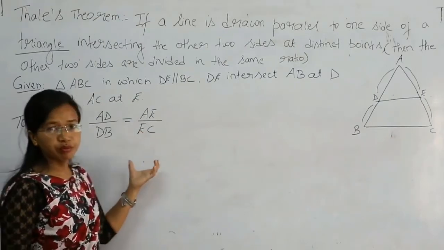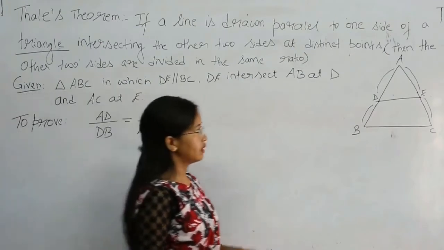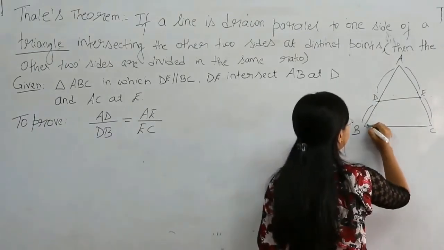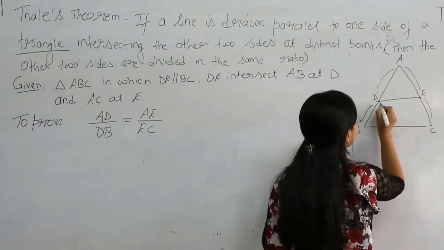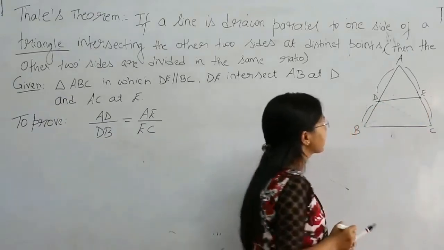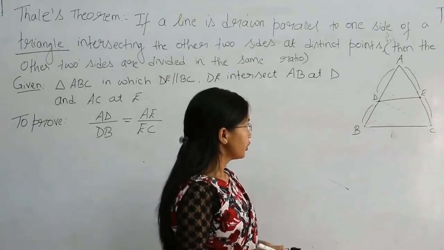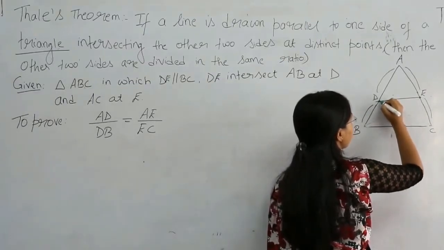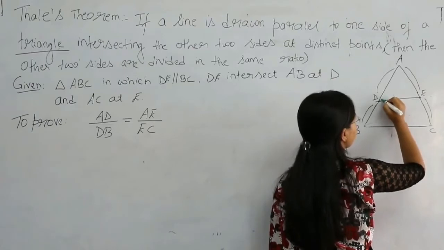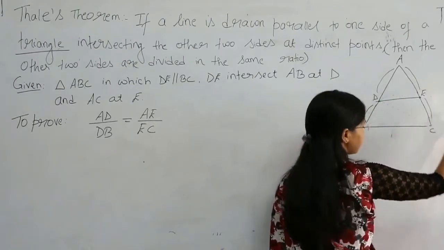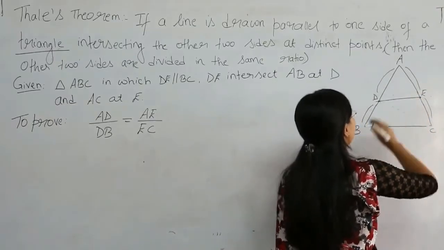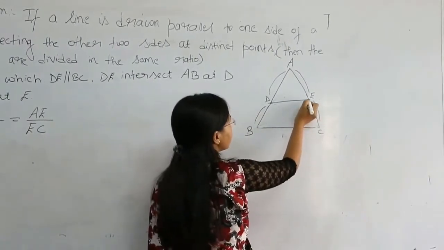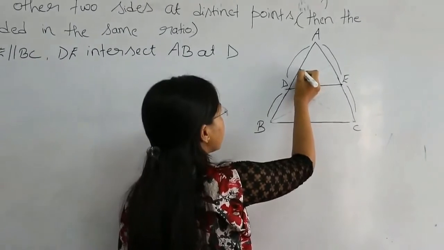Now to start with the proof, we have to do one construction, and that is we will join D with E and D with C. Next, draw a line from D perpendicular to the side AC, and from E perpendicular to the side AB.